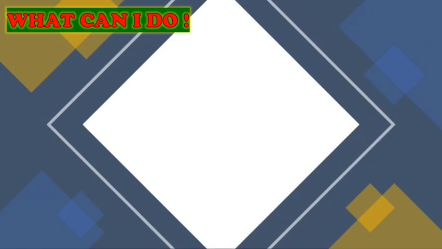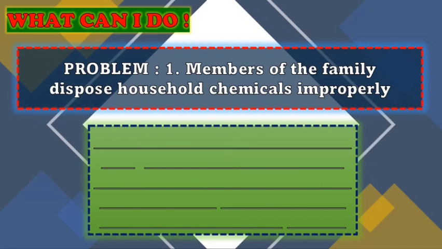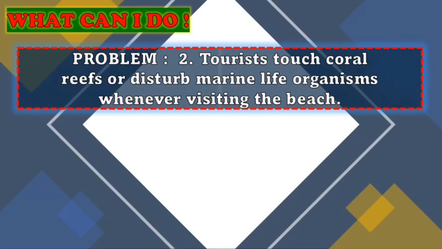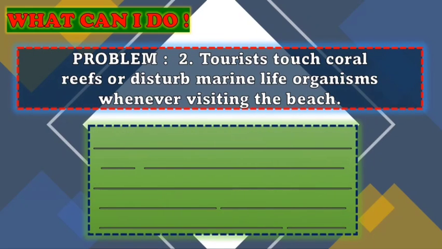Okay, number 1. Members of the family dispose household chemicals improperly. Okay, what can you do? Or what can you advise? What can you tell? Next, number 2. Tourists touch coral reefs or disturb marine life organisms whenever visiting the beach.